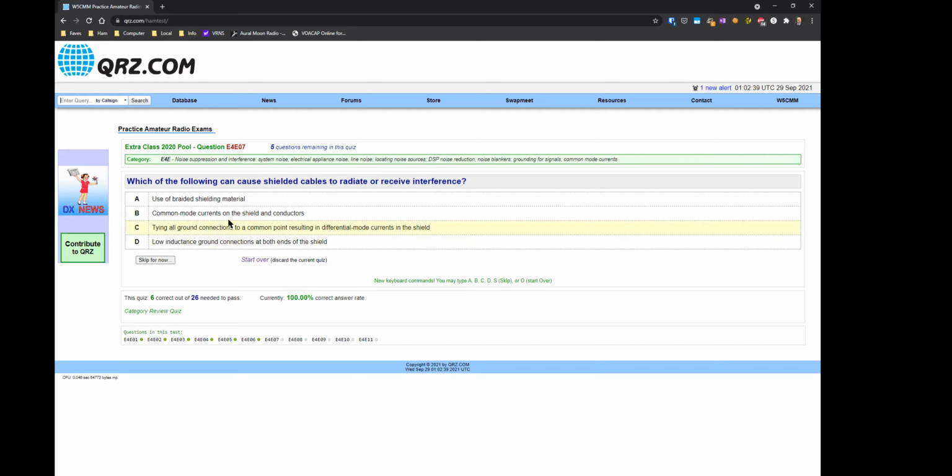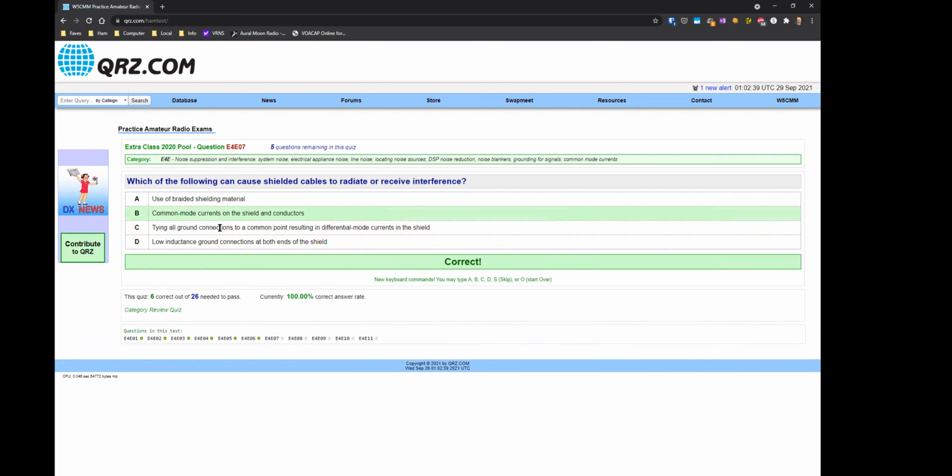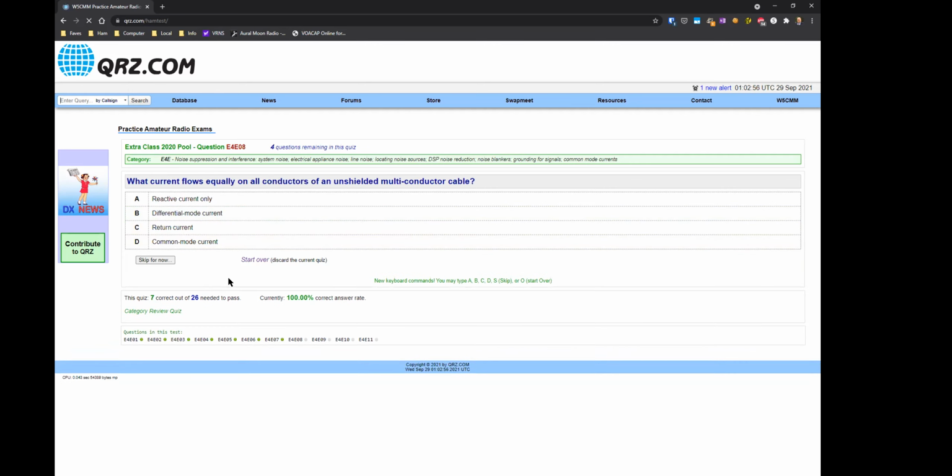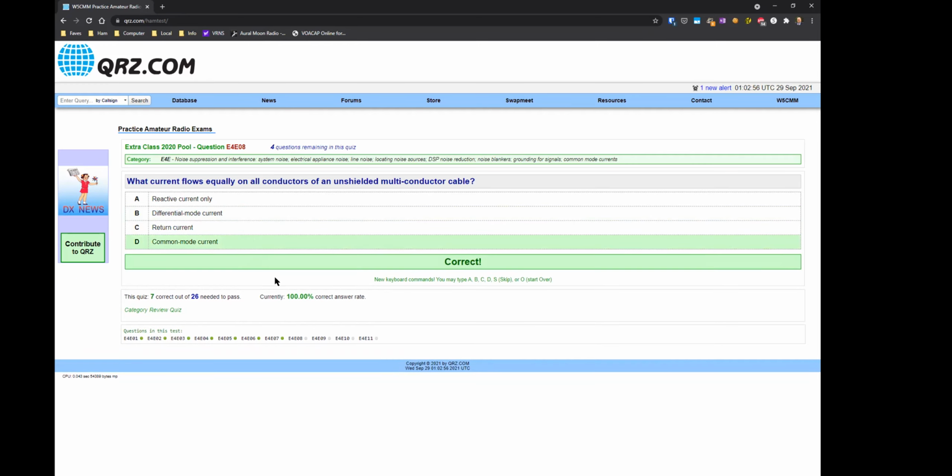Common mode current. Yeah, common mode. What current flows equally on all conductors of an unshielded multi-conductor cable? D. Yeah, same thing, common mode.